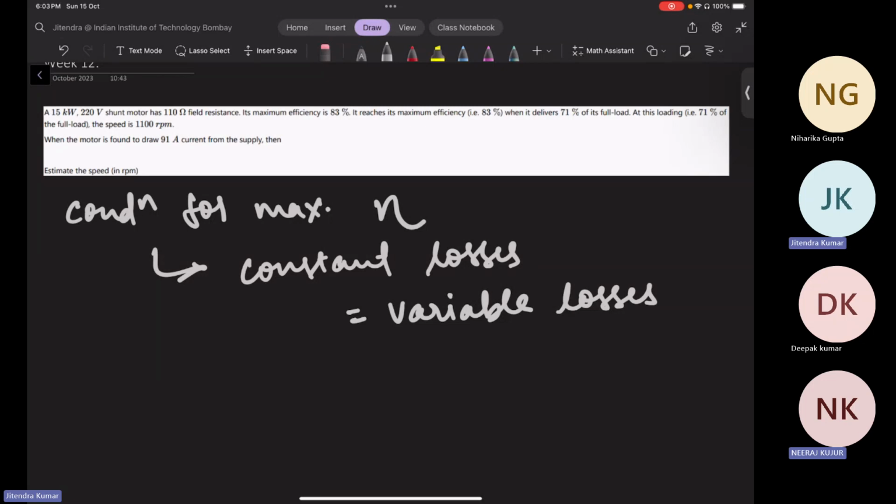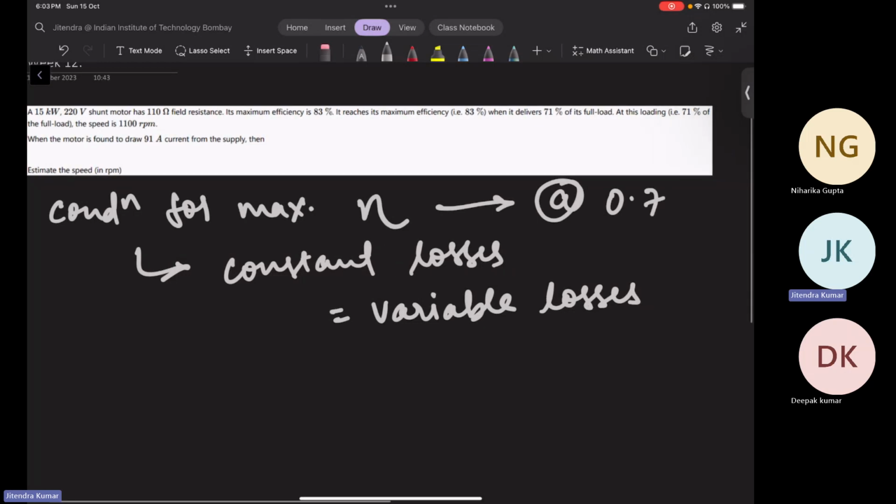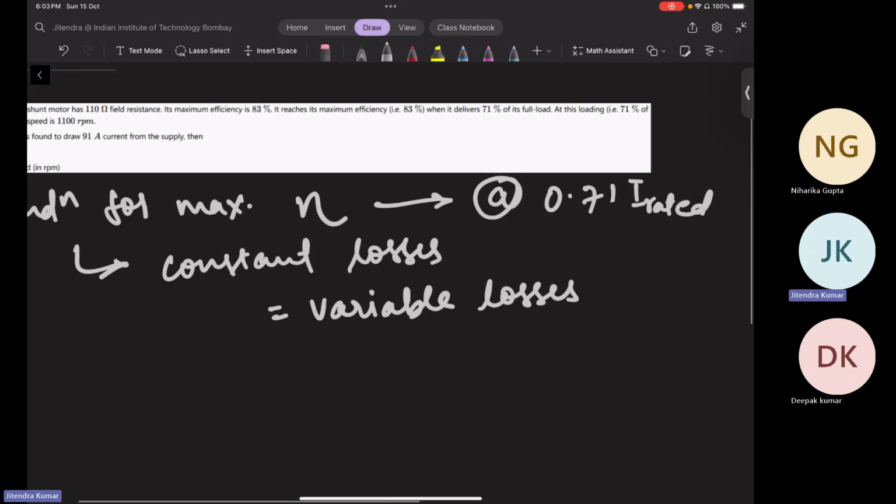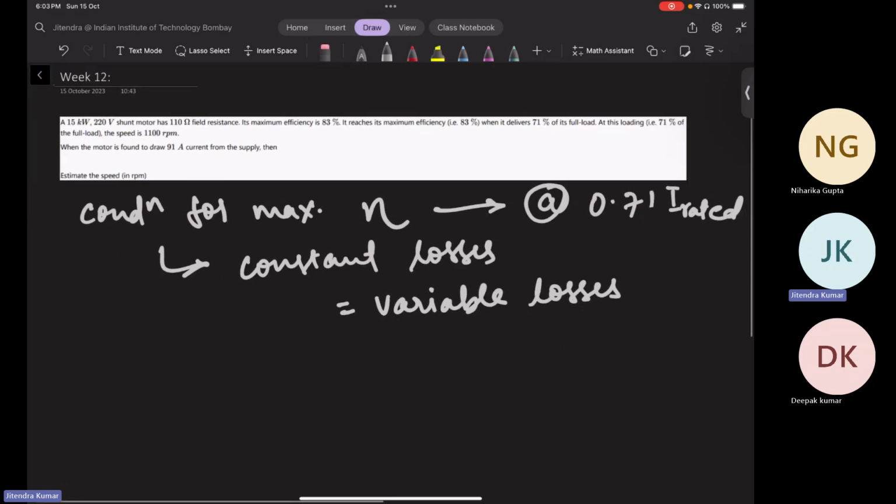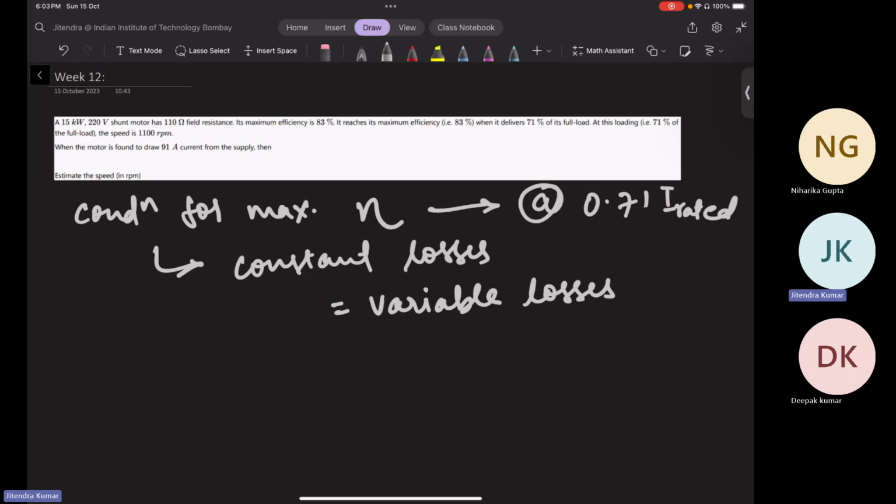So maximum efficiency is at 71% of full load, it means 0.71 I rated. And the speed at that particular load is 1100 rpm.